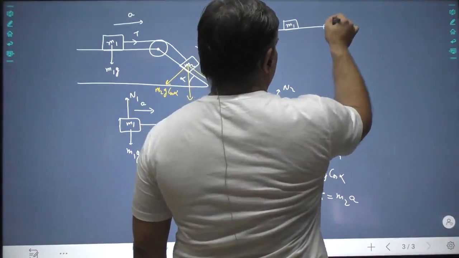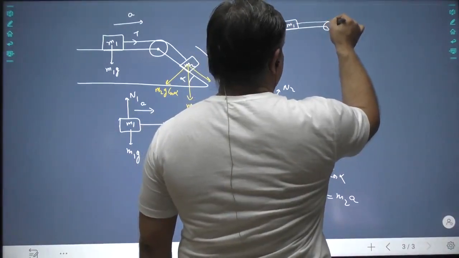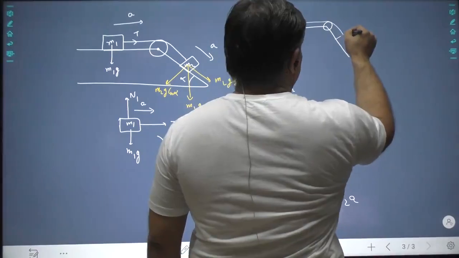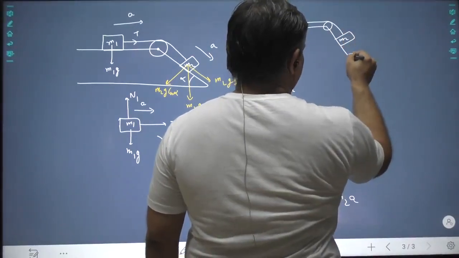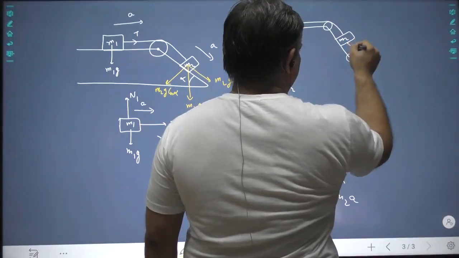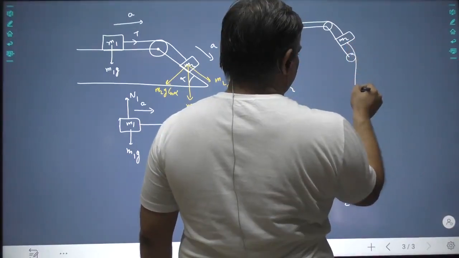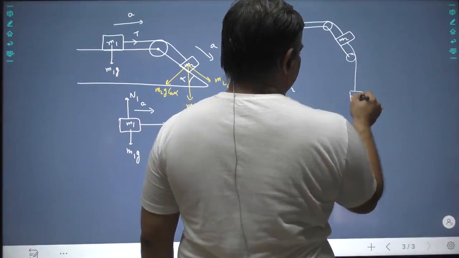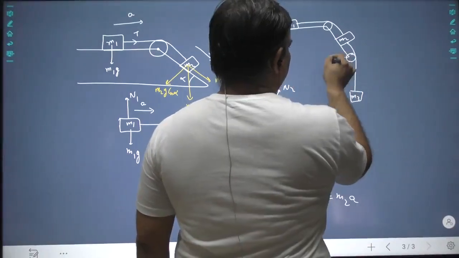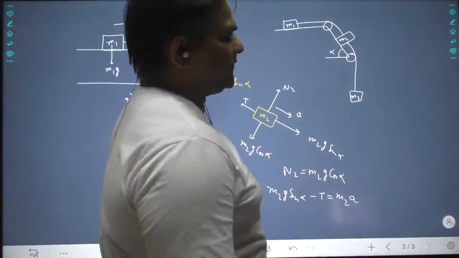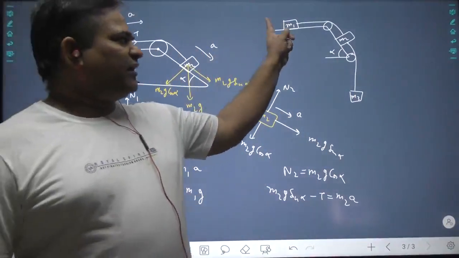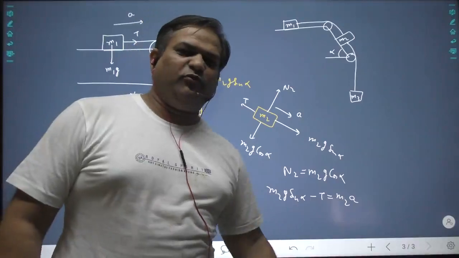M1, M2, M3, alpha. Yes, please copy this and make a free body diagram of M1, M2, M3.